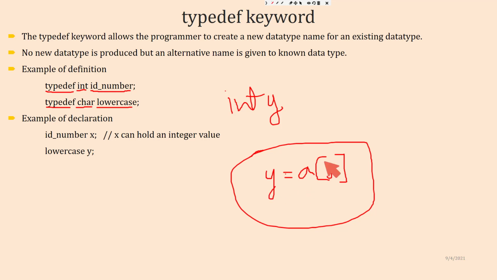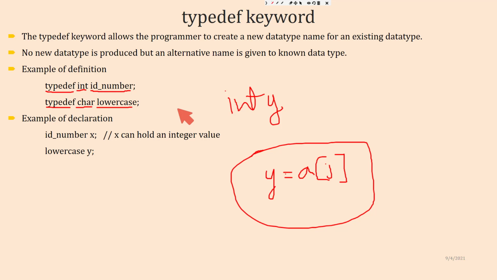It may be a character, it may be floating point, it may be integer. So a meaningful name will give more clarity. It is only the programmer's choice to give a new name to the data type, and it is only for their understanding purpose. No other difference is there.